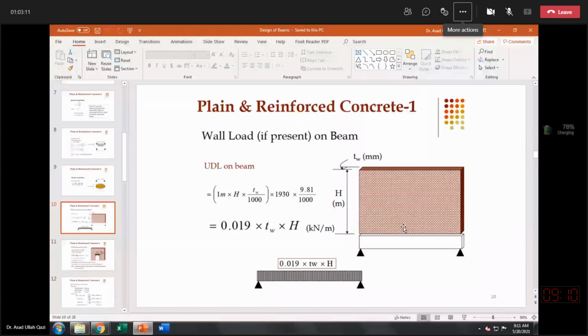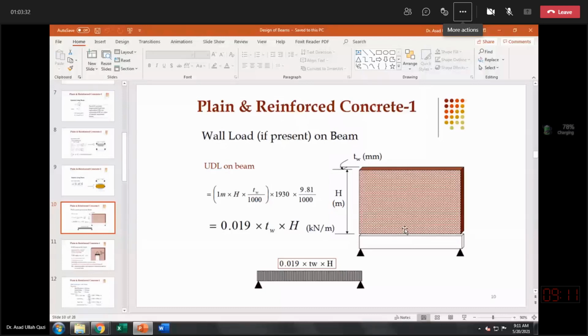Like in the civil department, you have noticed that there are a number of rooms and there are beams running in the slab system, and in most of the rooms, the walls which are dividing the rooms are directly resting on the beam stem.